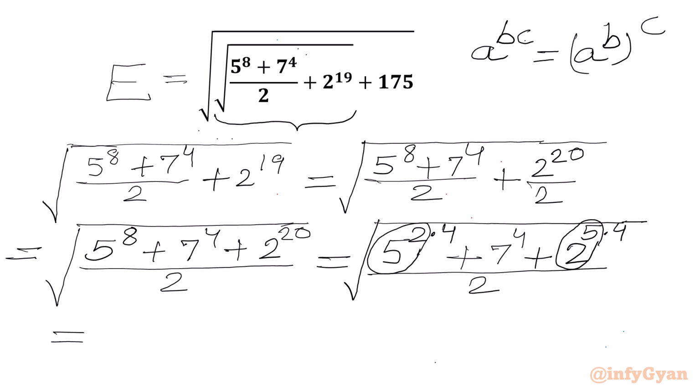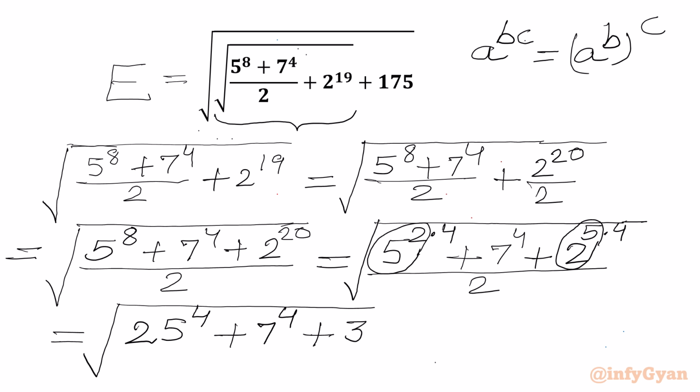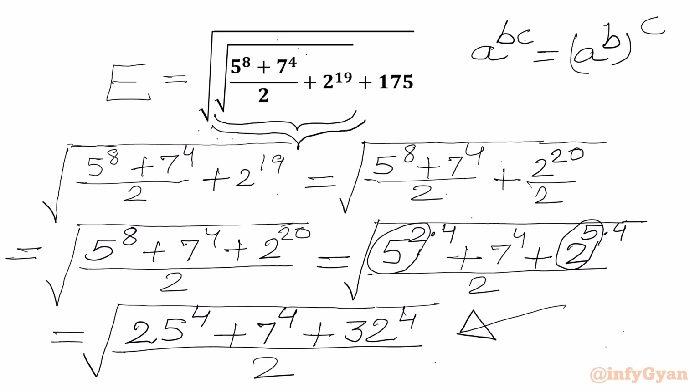So I can write this will be equal to the square root of 25 whole power 4 plus 7 whole power 4 plus 32 whole power 4 over 2. Now we will replace this part with our simplified expression. Let's replace.